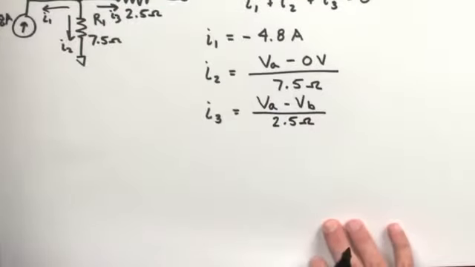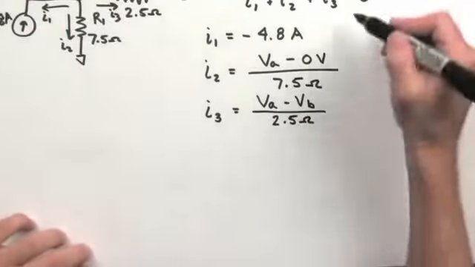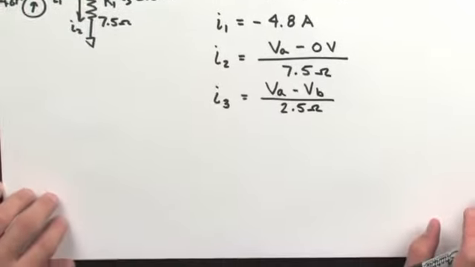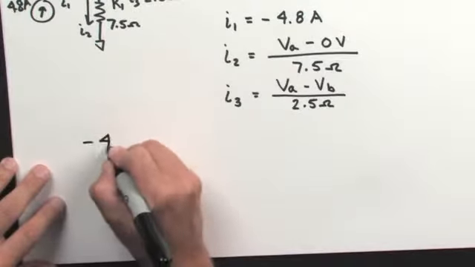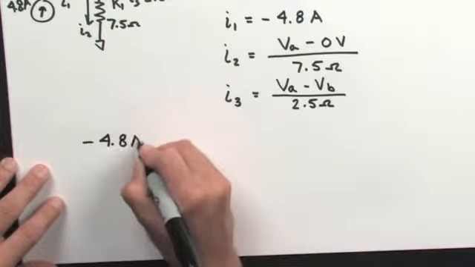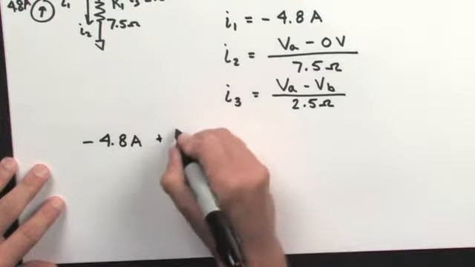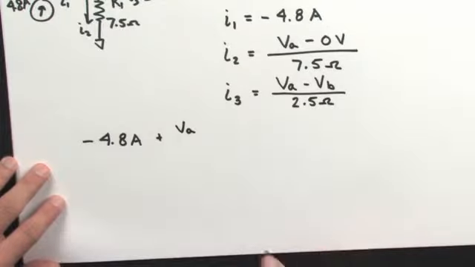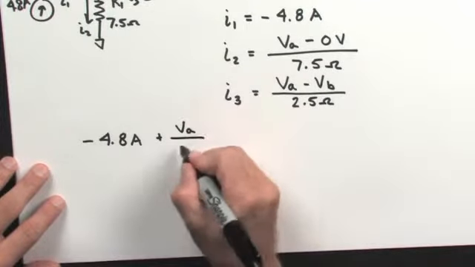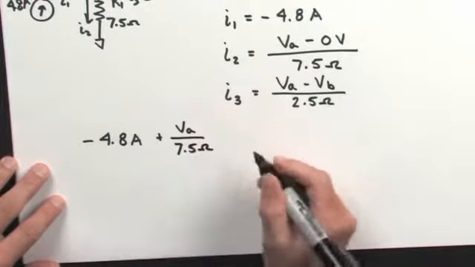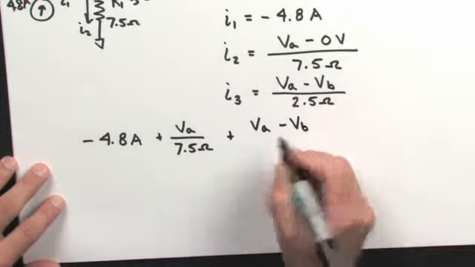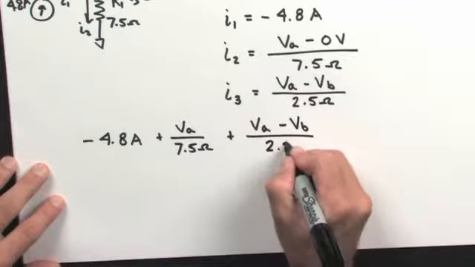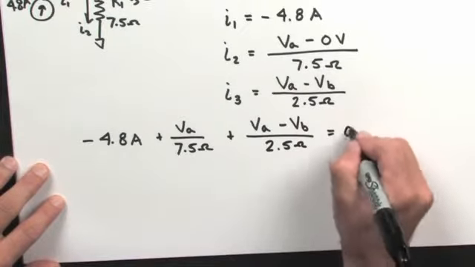Now I'm going to take those three current equations and plug them back into my Kirchhoff's current law equation that I established earlier. That will give us negative 4.8 amps plus the voltage at node A divided by 7.5 ohms plus the voltage at node A minus the voltage at node B divided by 2.5 ohms must sum to 0.